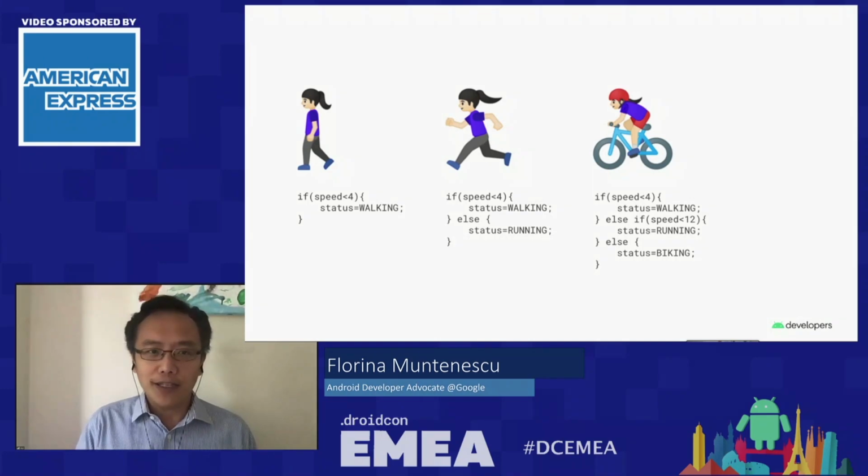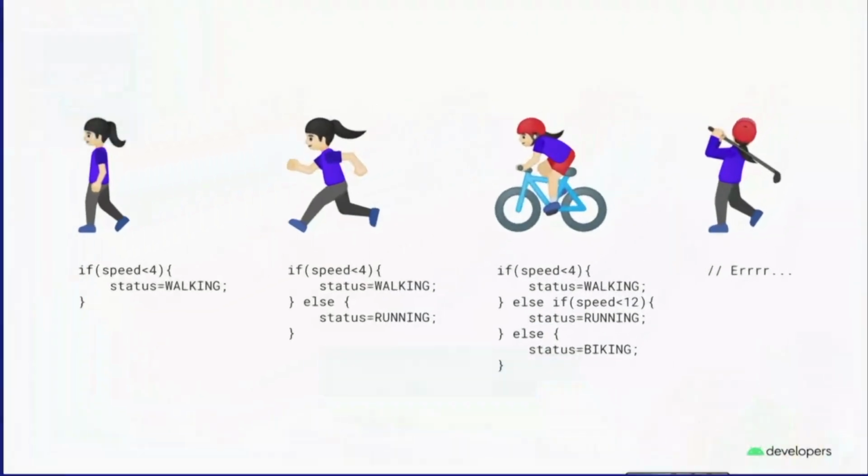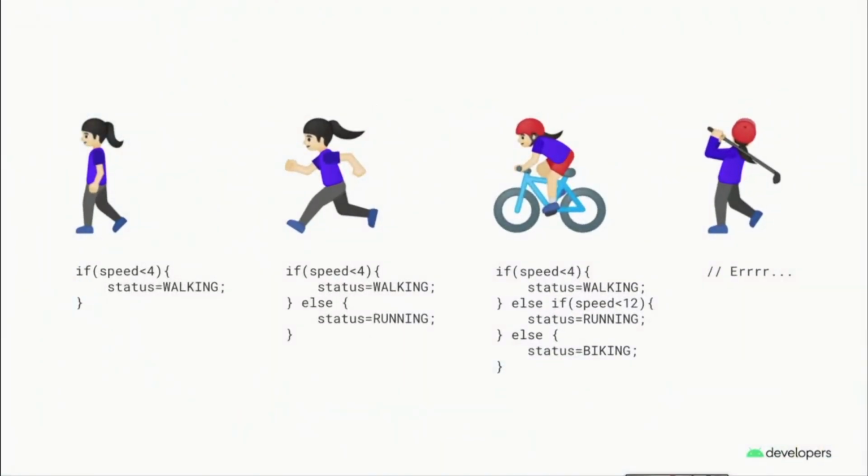Anything faster than that is biking. But what happens if you add a new activity like golf? It is not defined by speed, and this means that if you have code based on somewhat unstructured data, it's really hard to make it extensible.